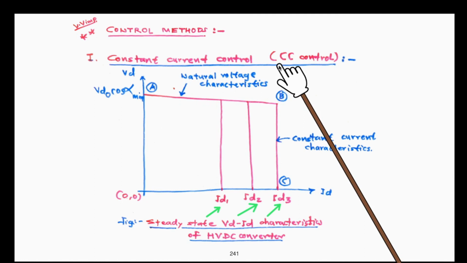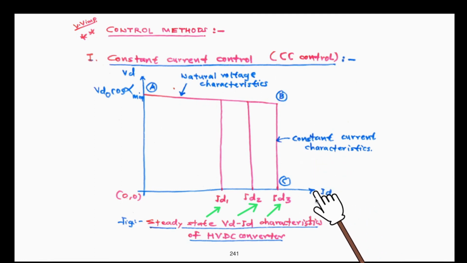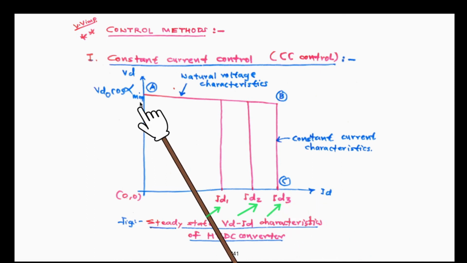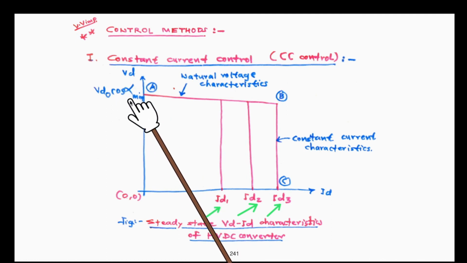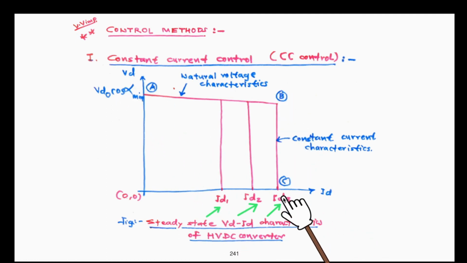And it will always compare the actual current with the set current. ID will be compared with ID3. Error signal will be generated, and accordingly the firing angle alpha will be modified in order to keep it within range. So this is the constant current control characteristics.